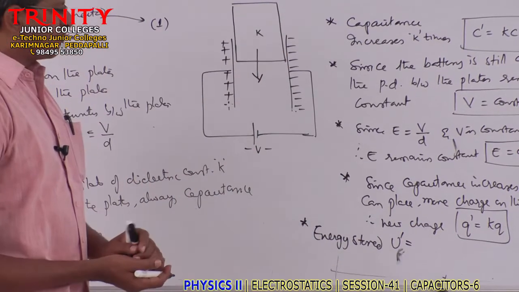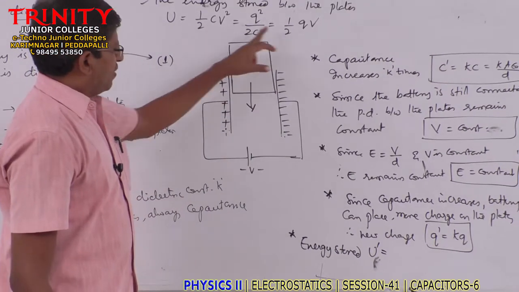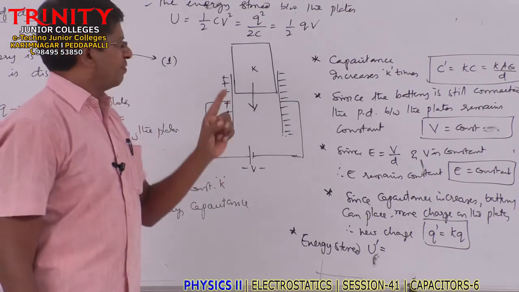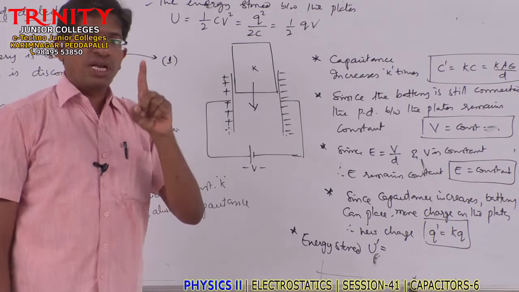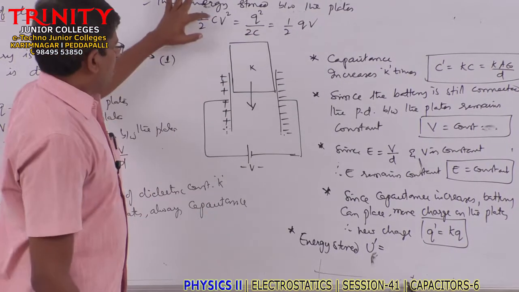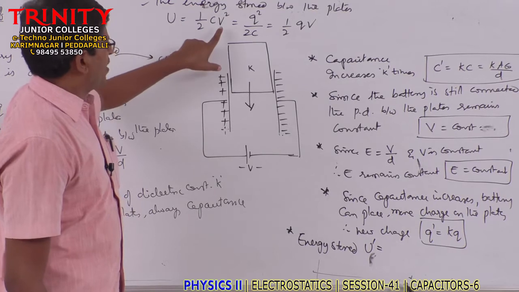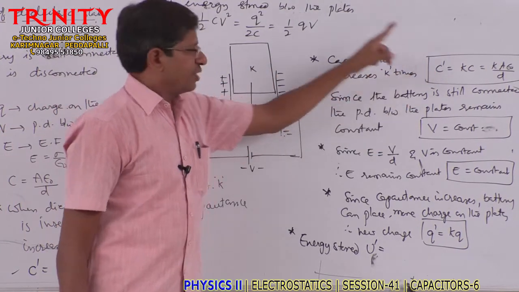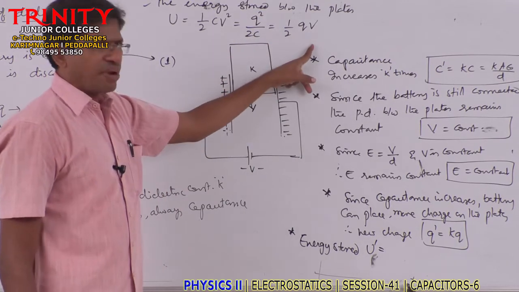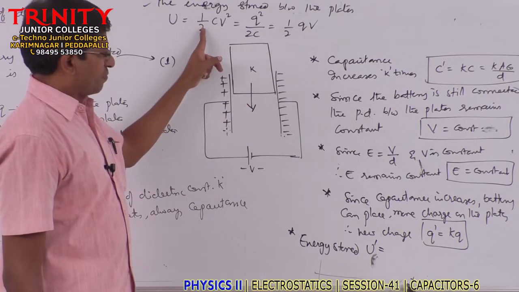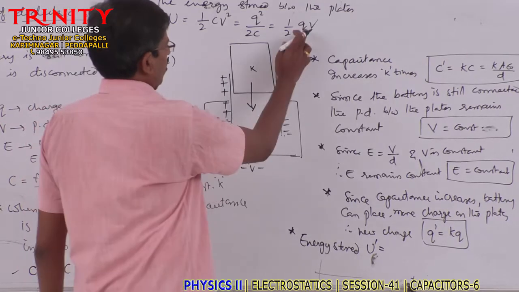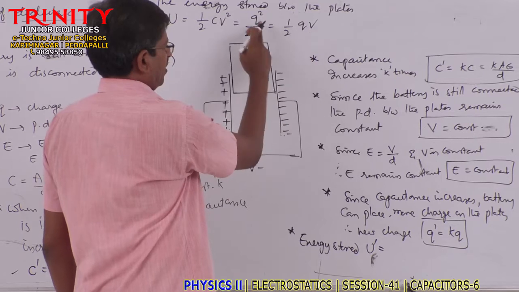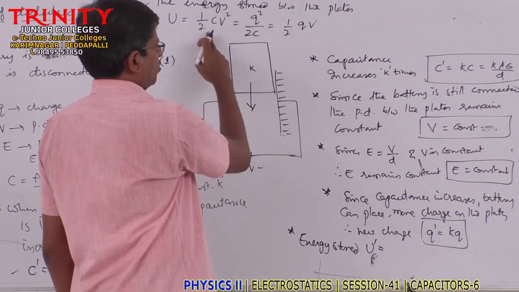You can use any one of them, but always select a formula in which there are two variables and one of them is constant. This one is better, because V is constant and C is changed. You can also use this one because Q changes and V does not change. Here both are changed, but it is better to use either this or that.